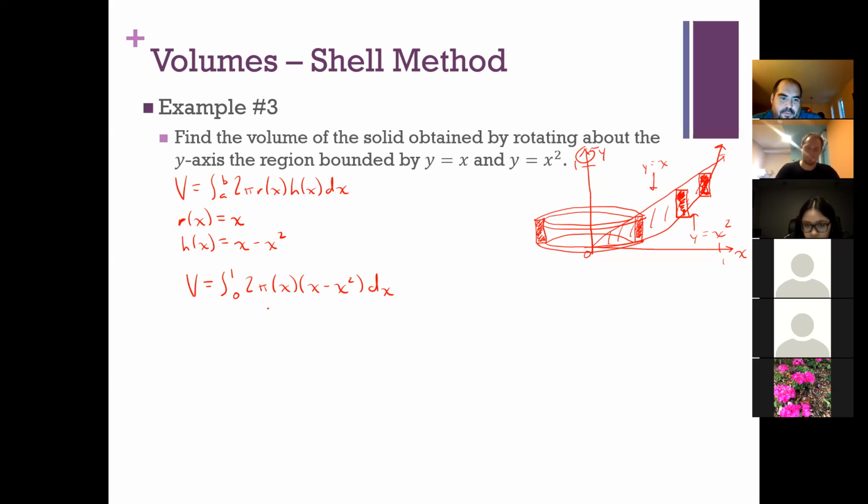All right, so any questions on where this integral came from? Didn't seem like this new wrinkle in height threw most people, but if it did, now's the time to get it cleared up for yourself. All right, so let's go ahead and start finishing this.